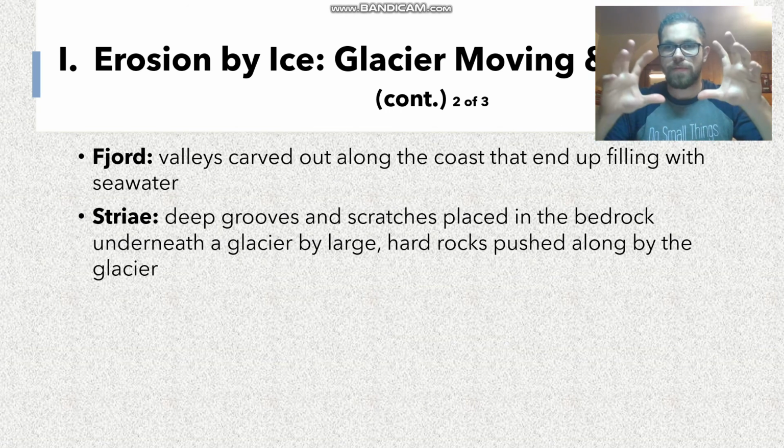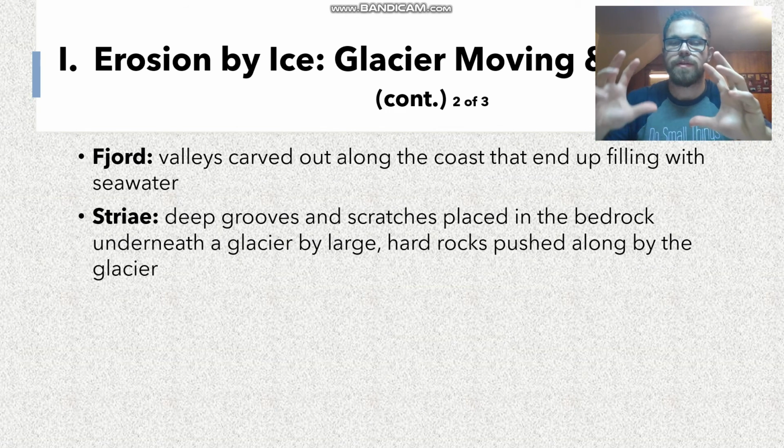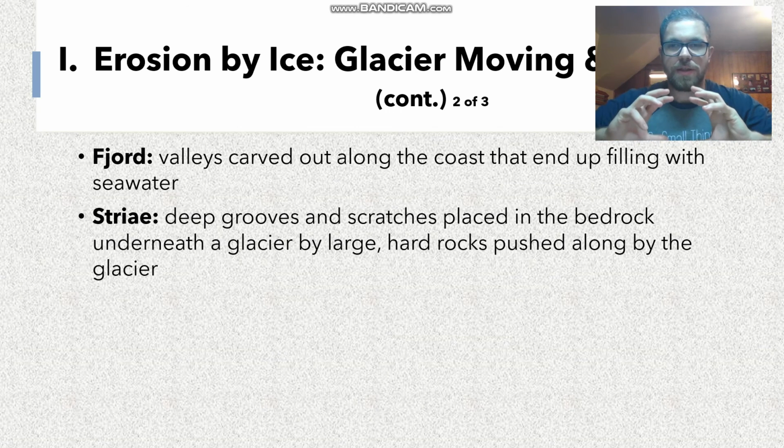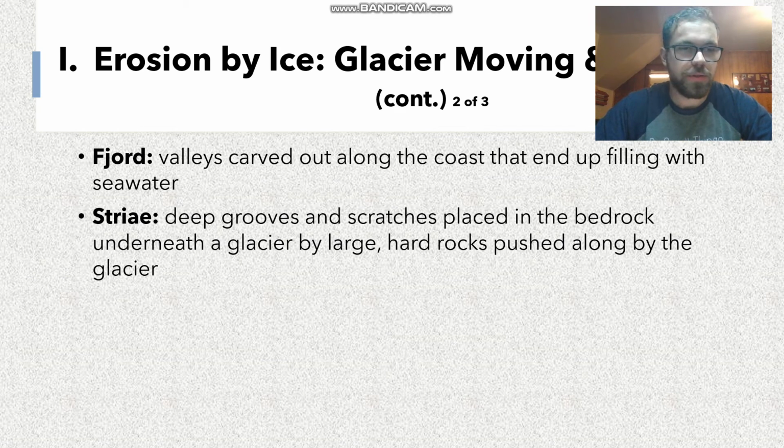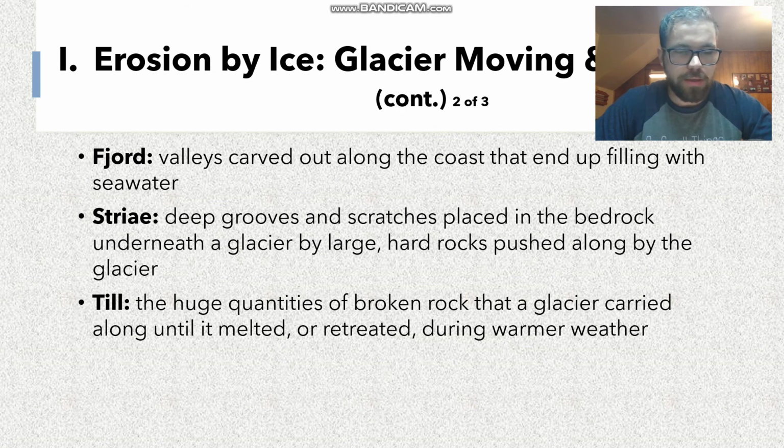So sometimes you have rocks that get frozen in this glacier mixture, and as they're pushed along, they also carve out more rock, and so the striae are simply the effects of that happening.